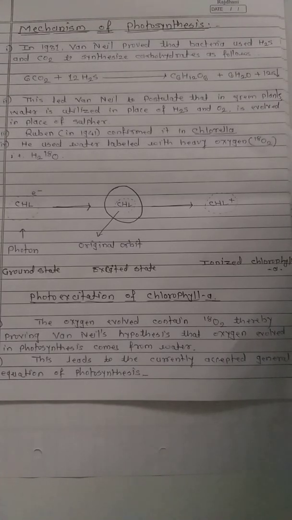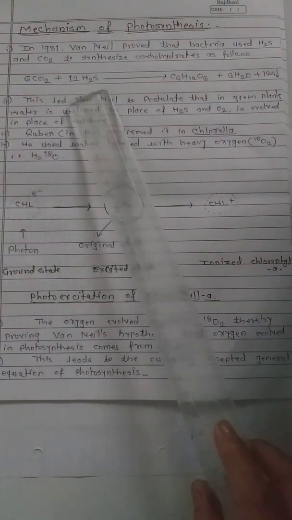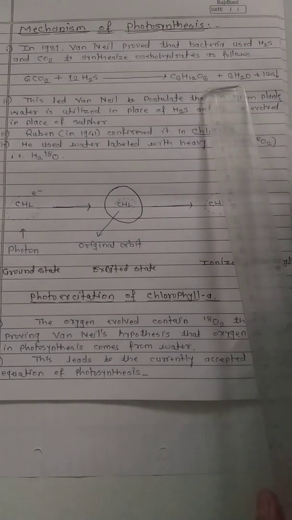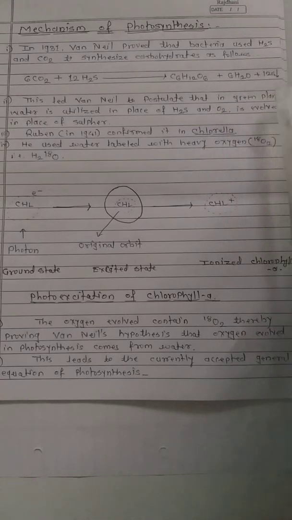But this theory was debarred, and then in 1931 Van Niel proved that bacteria used H2S and CO2 to synthesize carbohydrates as follows: 6 CO2 plus 12 H2S gives C6H12O6, that is carbohydrate, that is glucose, plus 6 H2O and 12 S, that is sulfur.